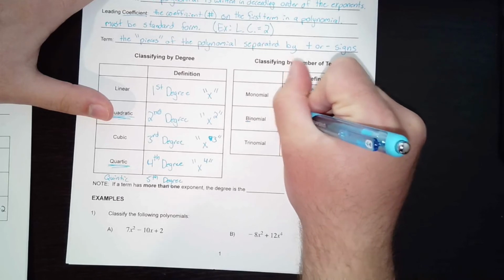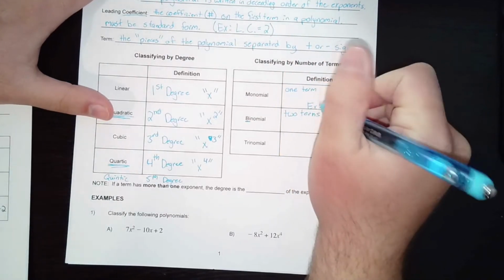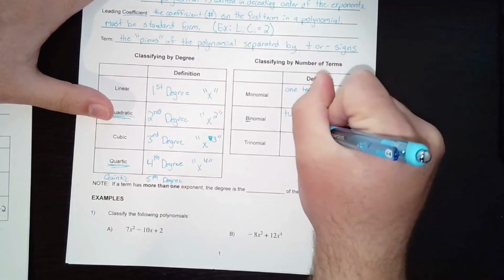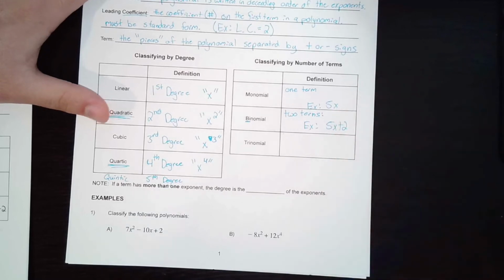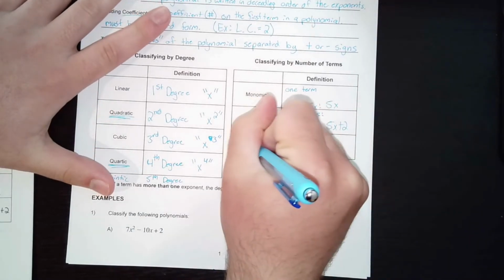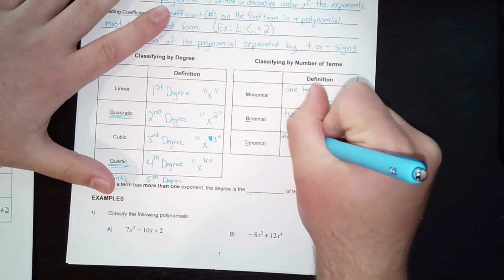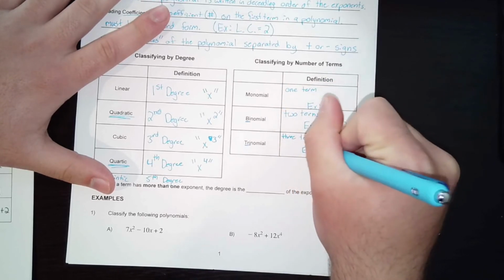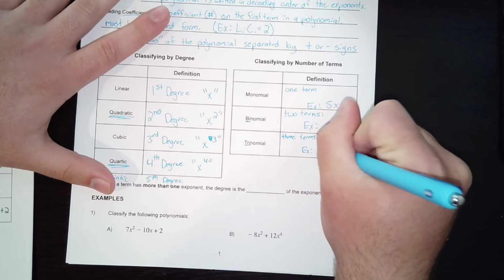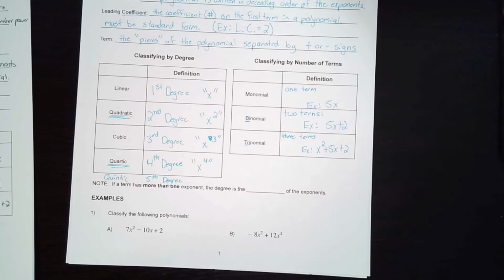So this is going to be 2 terms. Example there might be something like 5x plus 2. And then we also have trinomials, which means we have 3 terms, which might be something like an x squared with a 5x and a 2. Okay, so 3 separate things there.